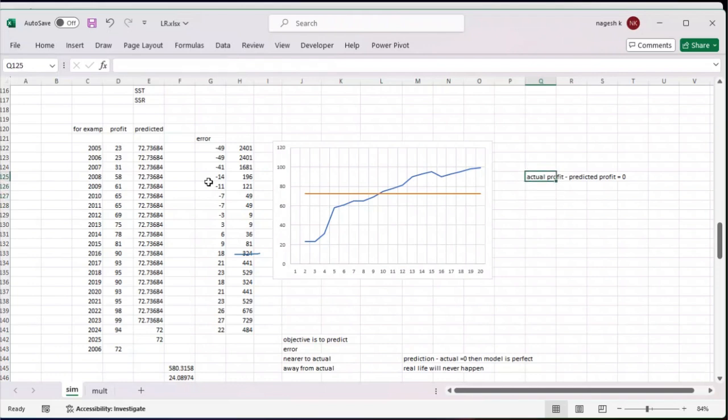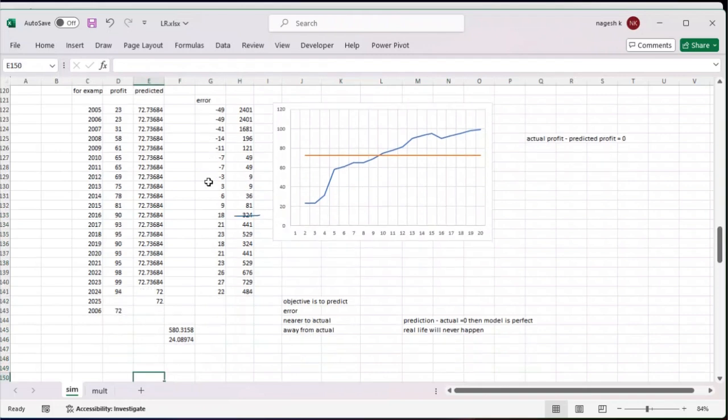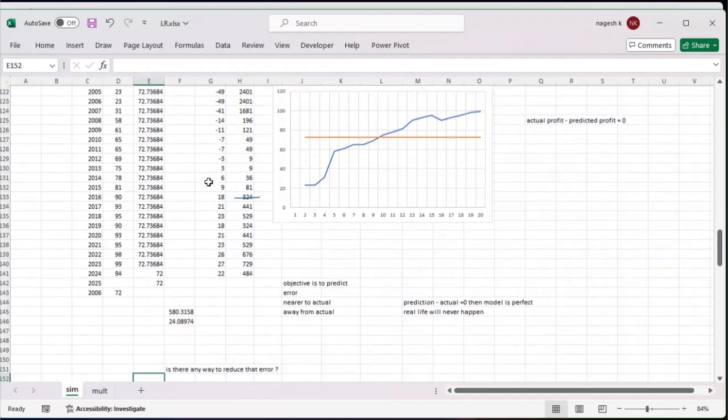So it should be nearer to the actual, like a human prediction, in machine learning. The target is that actual minus predicted should be zero. That is the ideal case.